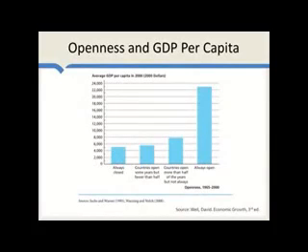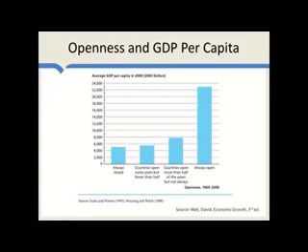Here, in fact, is a graph showing countries between 1965 and 2000, and they've been labeled according to their tariff barriers, their non-tariff barriers, interventions with the exchange rate, and other policy factors determining how open they are. And what it shows is that average GDP per capita in countries which were always closed during this time is much lower than in countries which were always open.